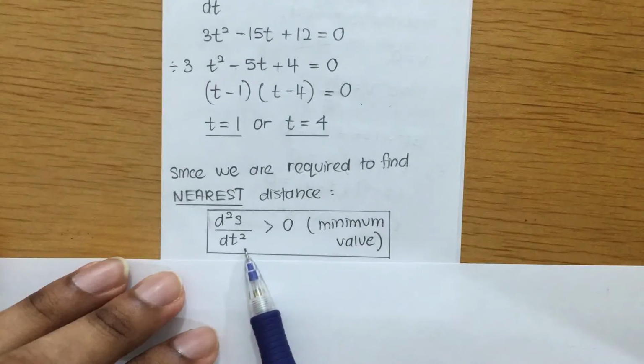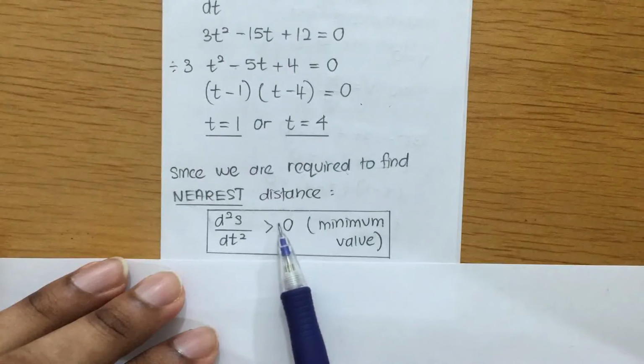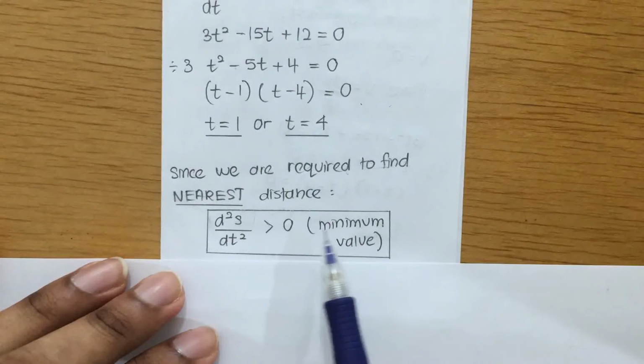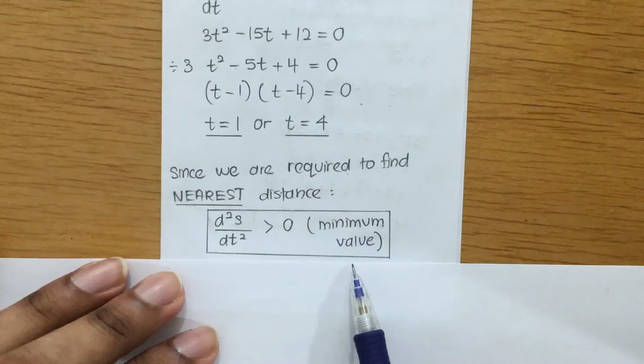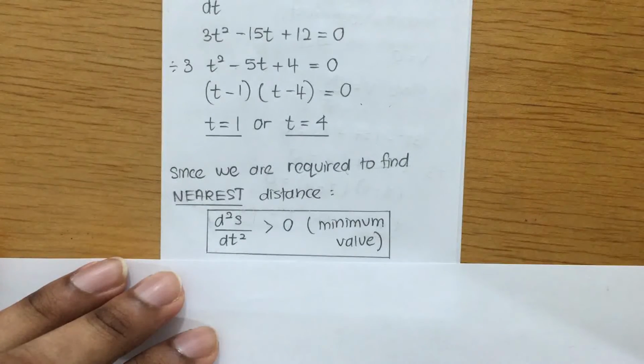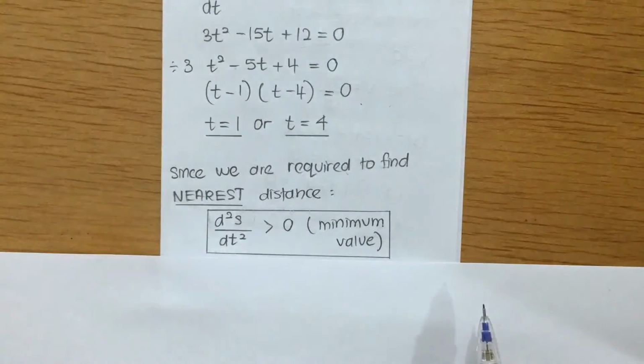Why are we doing this? Since we are required to find the nearest distance. So still remember the maximum and minimum concept. When you differentiate two times and get more than 0, that means you're finding the minimum value, whereas if you get less than 0, that means you're finding the maximum value. So this is just to recall your differentiation concept, guys.